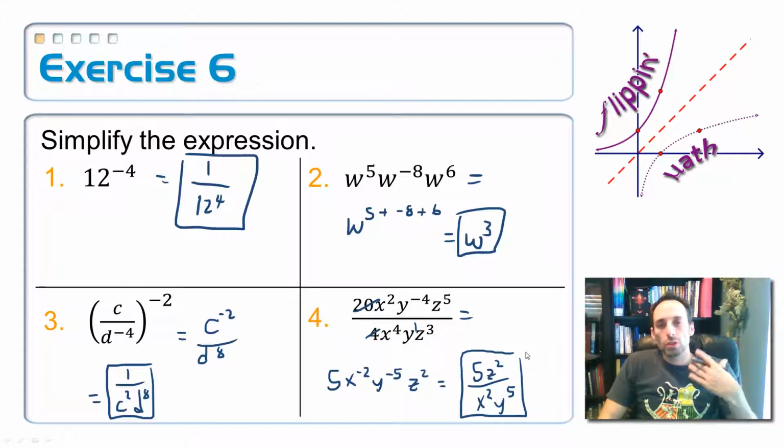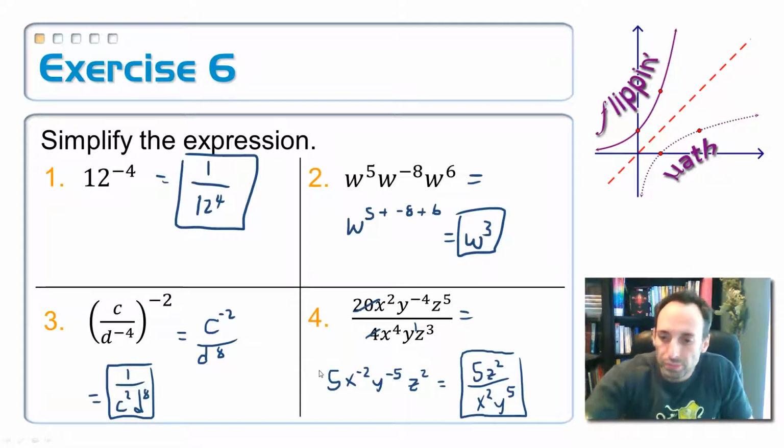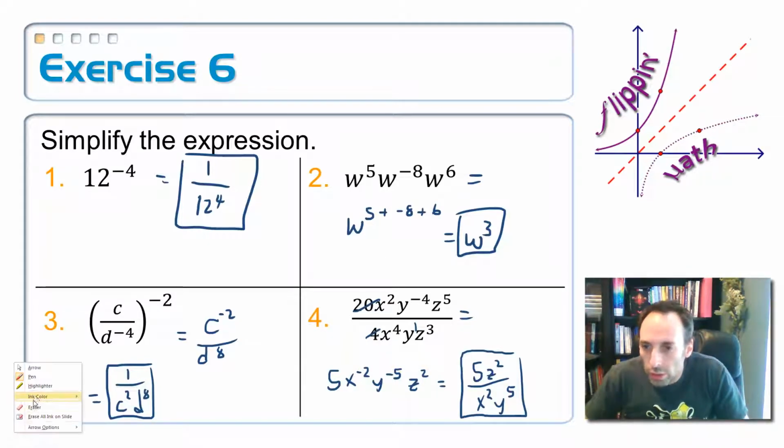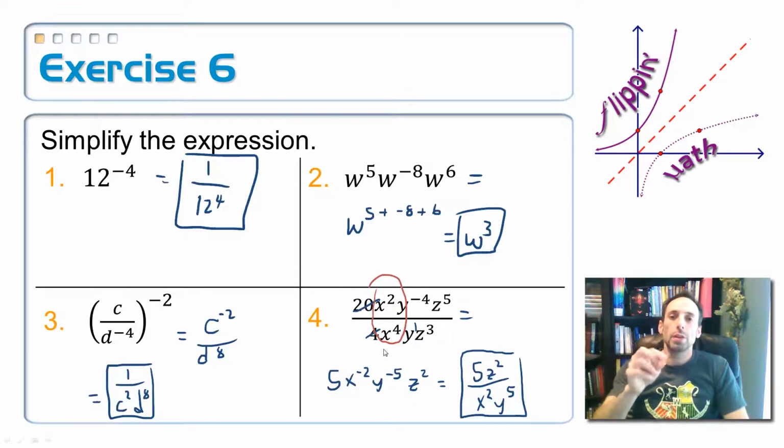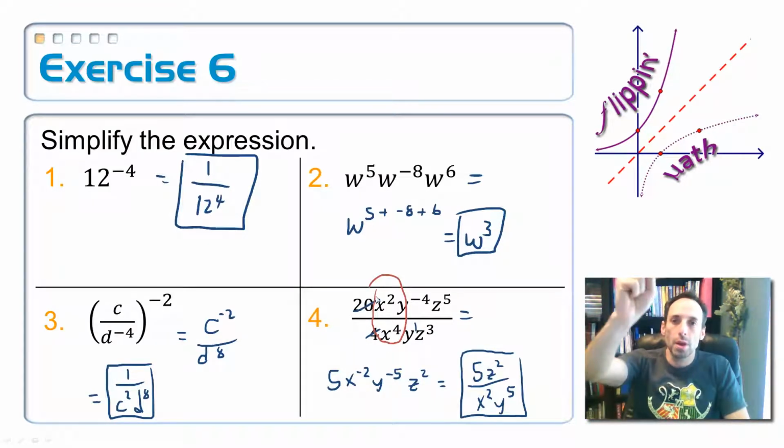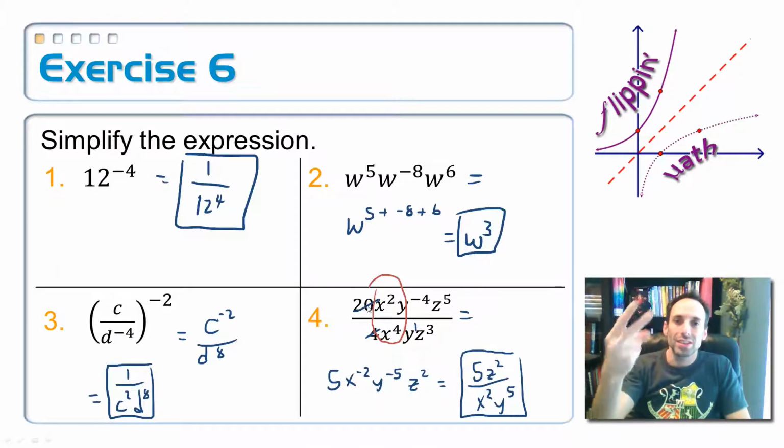So on number 4, another thing that you can do is this. Wherever the exponents are larger, keep them where they are and then subtract the other ones from them. So for example, I'll switch colors here. If I just look at the x's, the power on the bottom is bigger, 4, than the top power of 2. So I can do 4 minus the 2, and it's to the 2nd power.